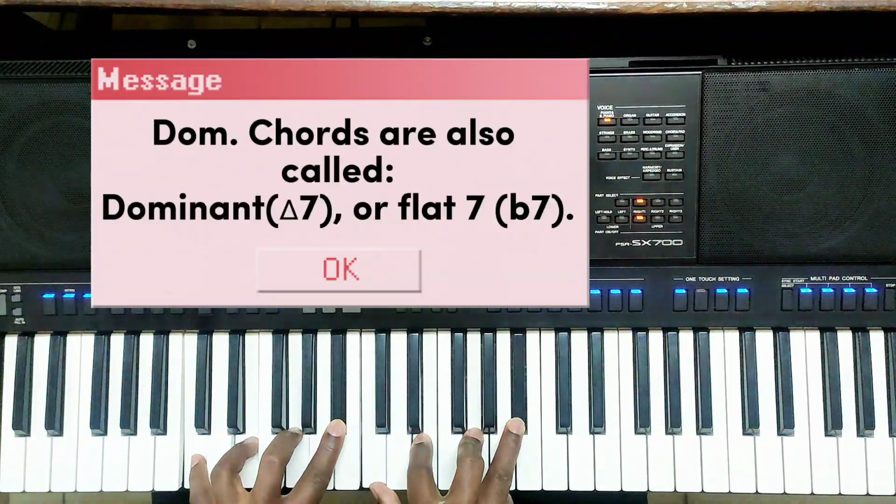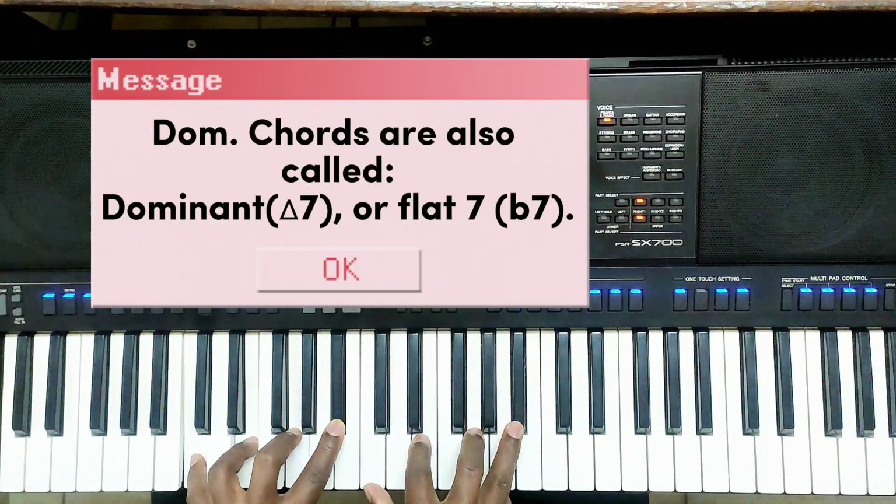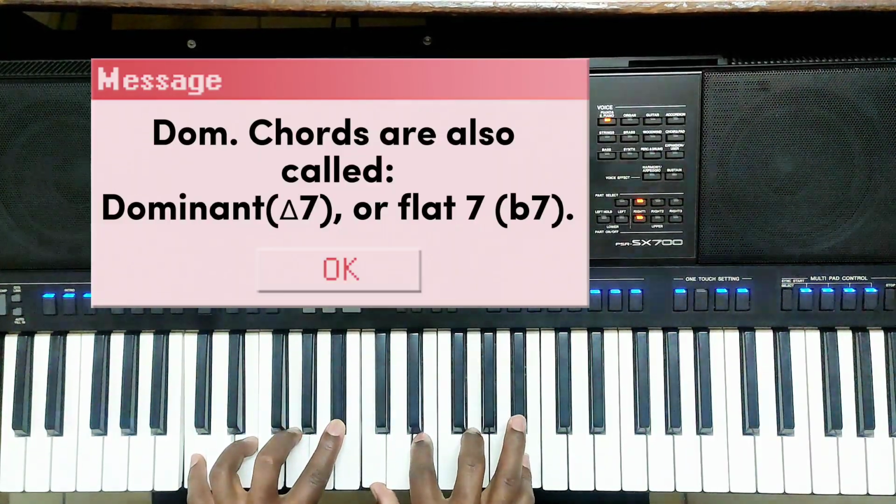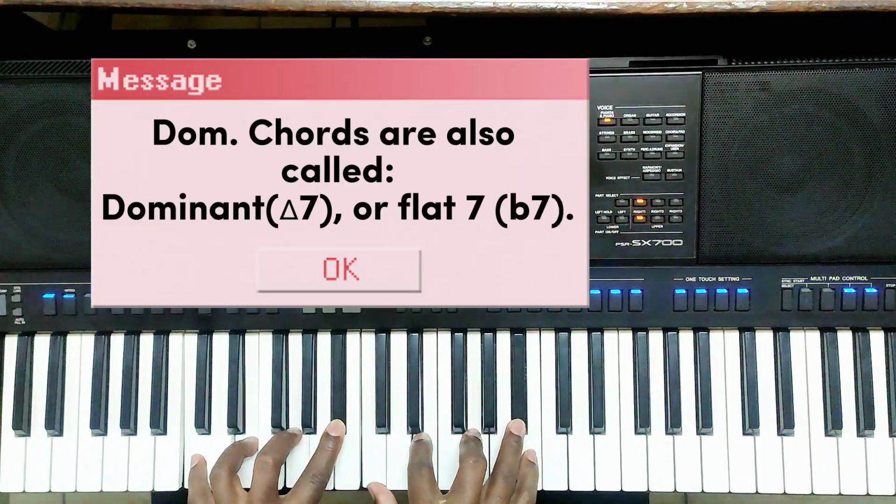This chord is called, number 1, a dominant 7. So when you hear pianists or musicians talking about dominant chord, they simply talk about a major 7 with its flat. So they're talking about a flat 7 chord.